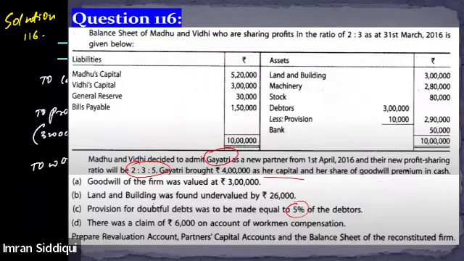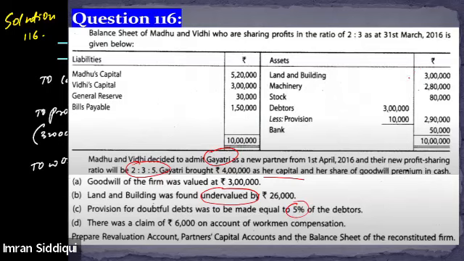Is it land and building? Because undervalue should be increased. Okay. All right. I'm sorry. So it is saying that the land and building was found undervalued. I thought land and building needed to be reduced by 26,000. So the actual value of the land and building should be 3,26,000.